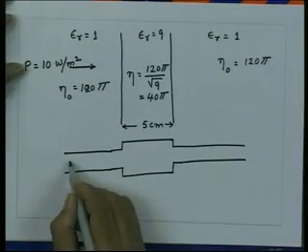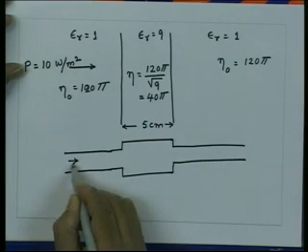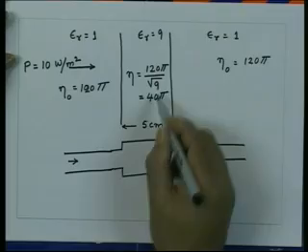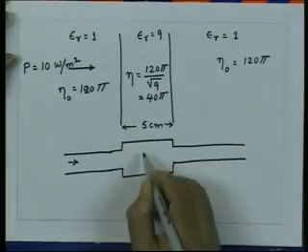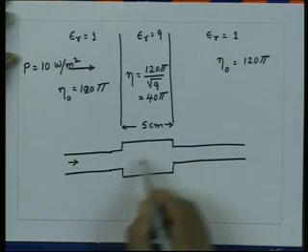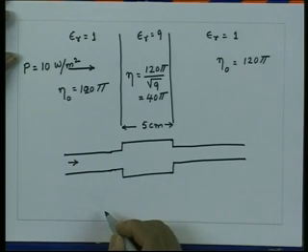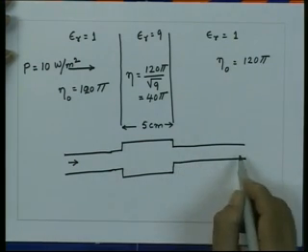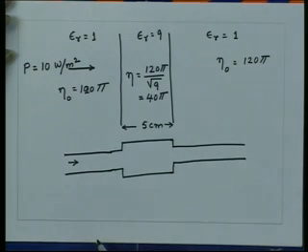So, now the wave is incident from this side. You have a section here which has a characteristic impedance of 40 pi, and the length of this transmission line is 5 centimeter. Since this lies in an infinite medium, it will see an impedance which is equal to the characteristic impedance of this.